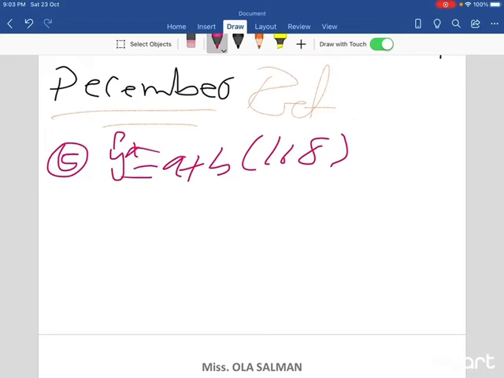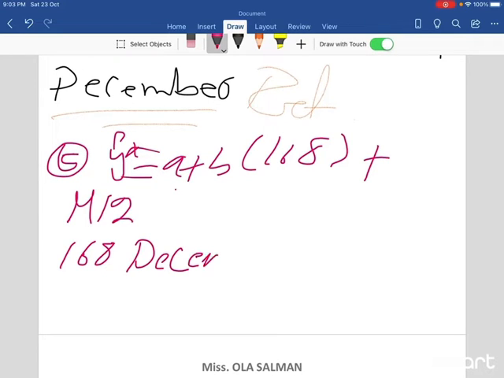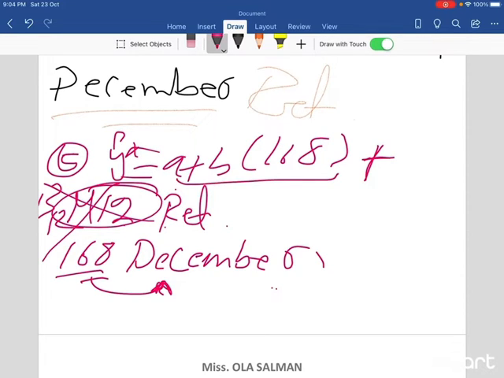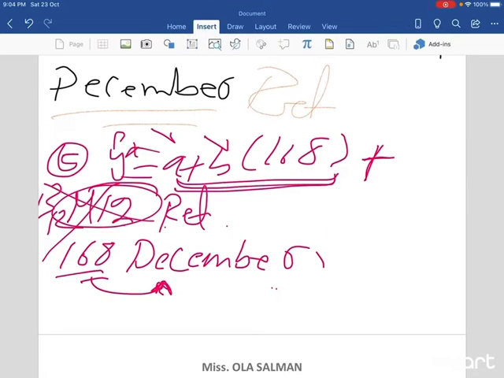So I put a plus b times t, plus M12. Why M12? Because 168 is December. So the month is December. I would add beta 12 M12, but I don't have them because they are the reference. So the model will be just the trend. So I will substitute by a and b, then I will calculate it.